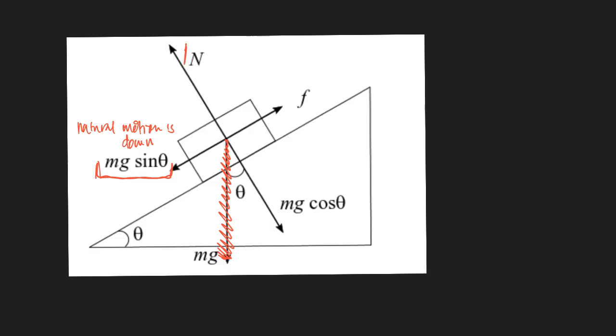I know I've got my force of the normal, that is perpendicular to the surface. I know I've got, so this is F parallel. I've got F perpendicular here, which is mg cos theta, which makes Fn mg cos theta as well. And then if the object has to go up the incline, then I have my force of friction here, and my angle theta is down here. That always forms a 90-degree angle.